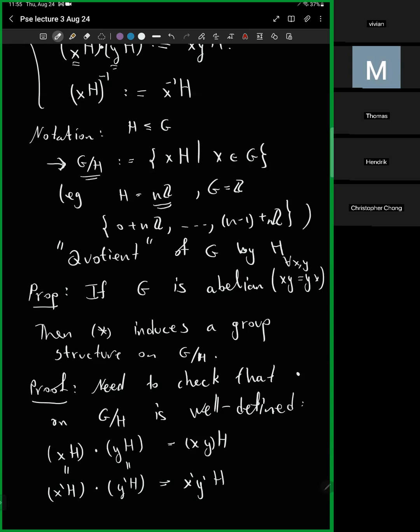Then I get a coset like this, and I need to show that these two cosets are equal. This is what it means to be well defined: it does not depend on the representative of the coset that I chose.